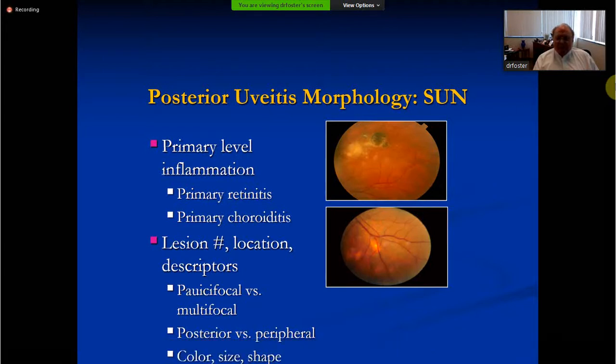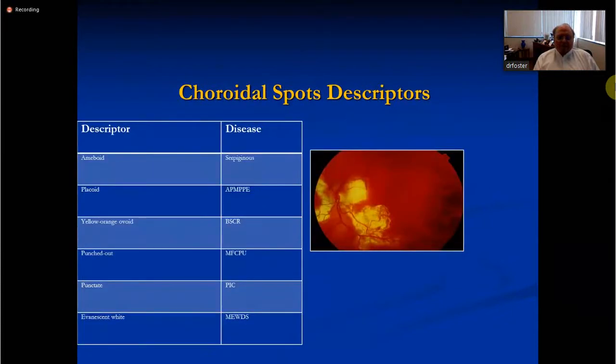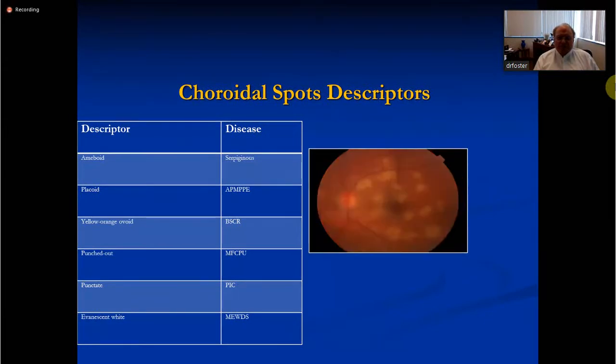They can guide another doctor who's seeing this patient from another part of your state or another part of the country, speaking the same language that you're speaking and describing the problem. Choroidal spots should be described as well, and a number of things can cause choroidopathy, including both infectious and non-infectious diseases.